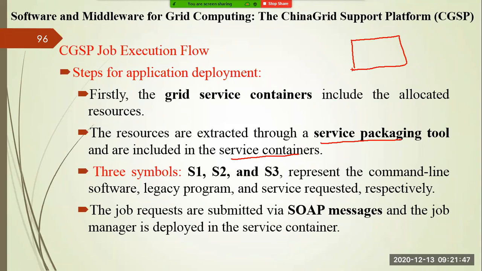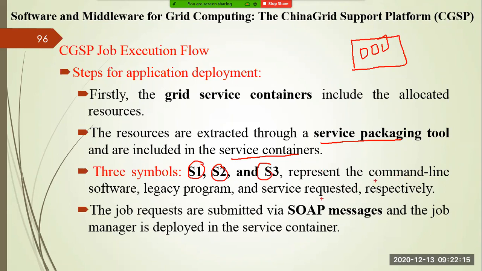Like a VM is under the virtual machine monitor or hypervisor, similarly these service packaging tools are inside the service container. Resources are extracted through this tool and included in the service container. Here they are using three symbols, S1, S2, and S3.